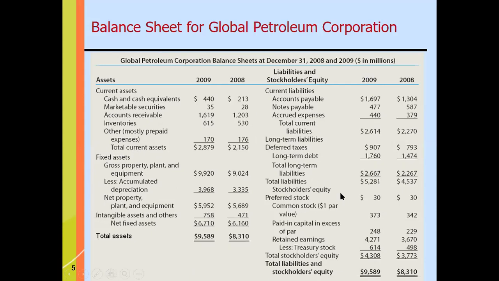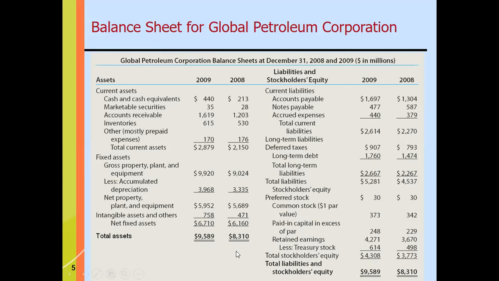Then the components of shareholders' equity or stockholders' equity, the old term. By the way, we also need to know the old terms because not all financial statements would be using the IAS equivalents. So common stock, also known as ordinary share; paid-in capital in excess of par, also known as share premium; retained earnings, accumulated profits and losses; treasury stock as treasury shares.